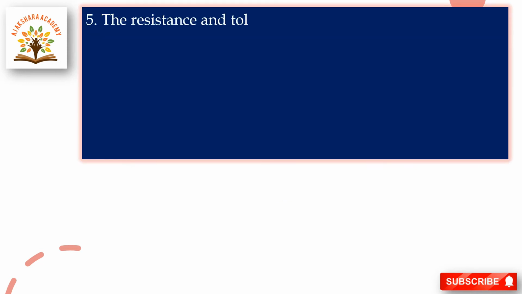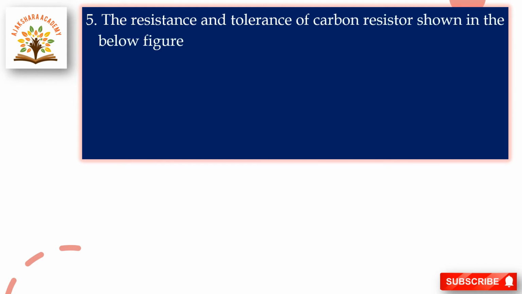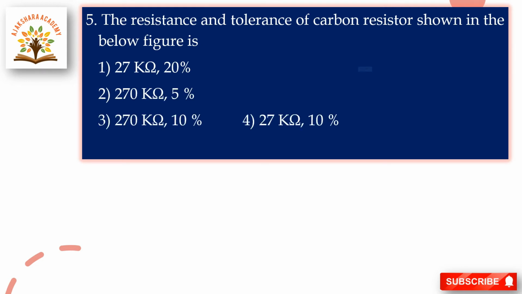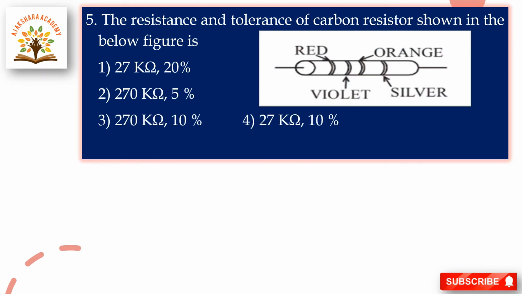The resistance and tolerance of the carbon resistor shown in the below figure is. See this, observe this figure. Here X, Y, Z and T. Now let us go to the solution.